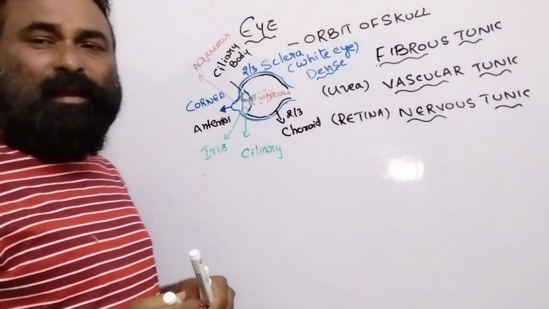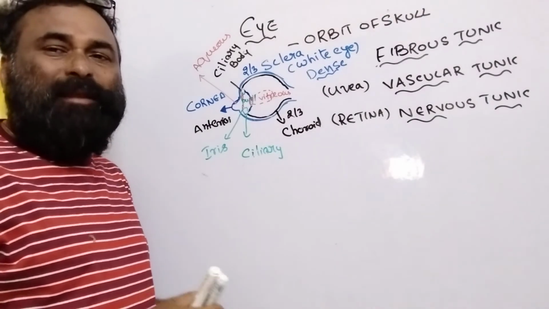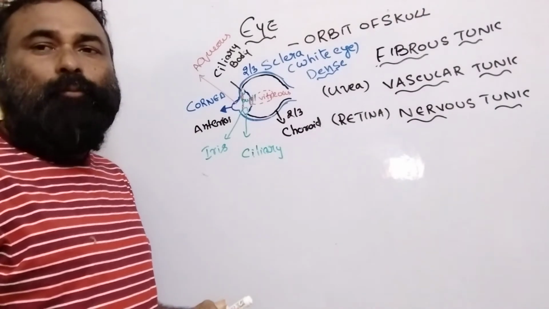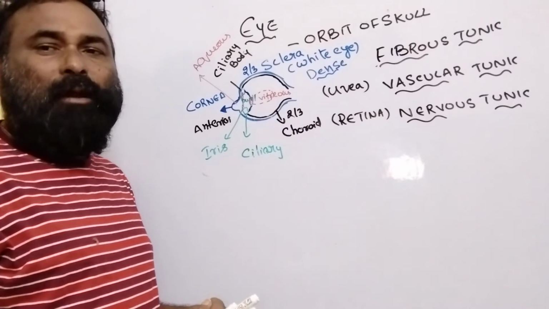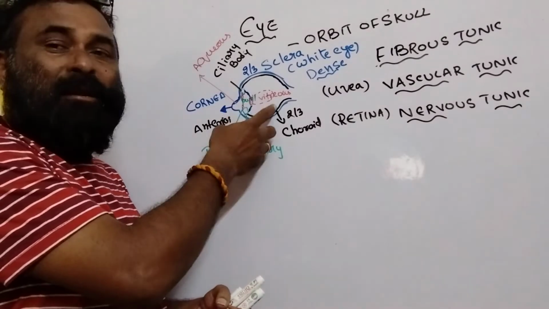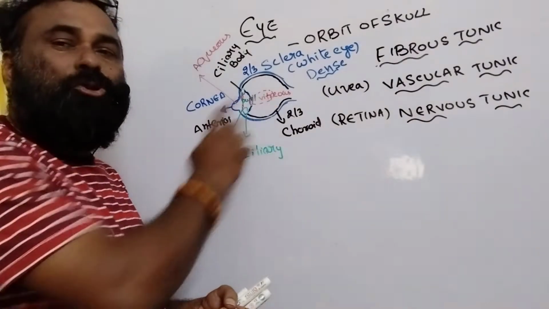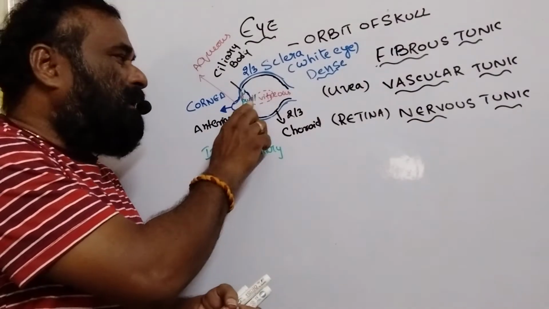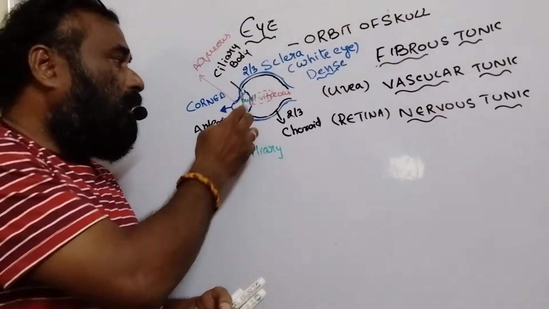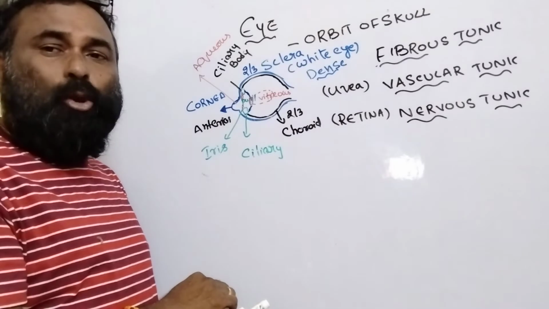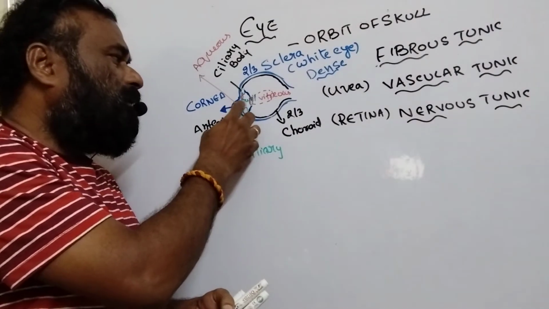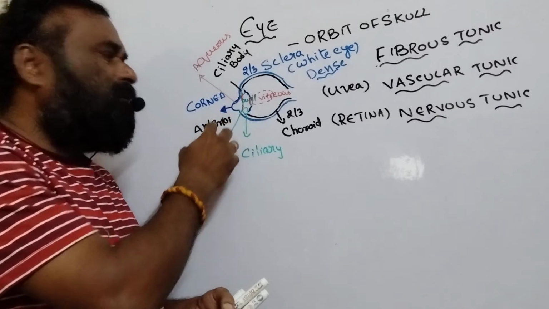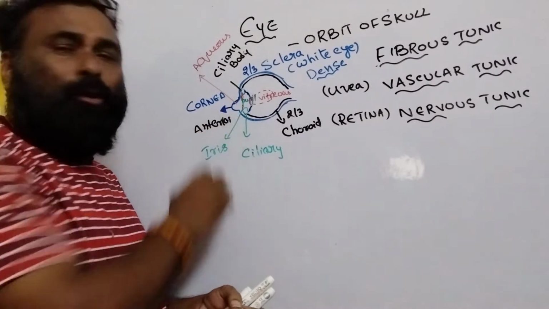Question: how many chambers are present in the eyeball? Vitreous chamber and aqueous chamber. Location of the aqueous chamber: is it present posterior to the lens or dorsal to the lens? The aqueous chamber is located anterior to the lens, or ventral to the lens.